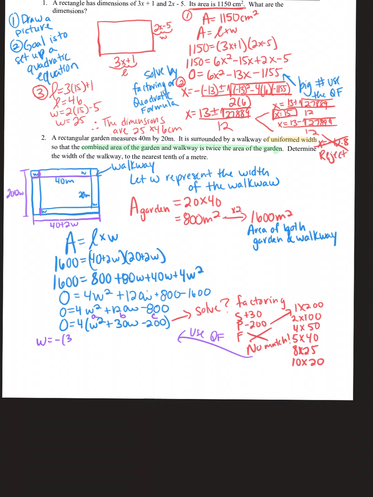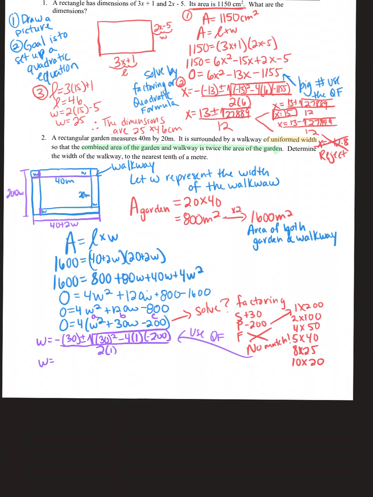So we have a negative 30 plus or minus the square root of b squared, which is 30 squared, minus 4 times my a value, which is 1, and my c value, which is negative 200. All of that is over 2 times a.